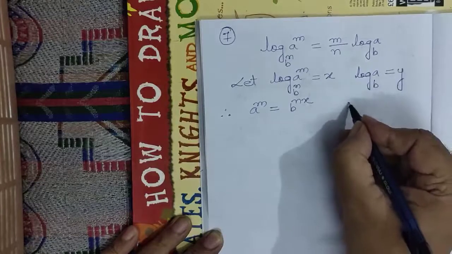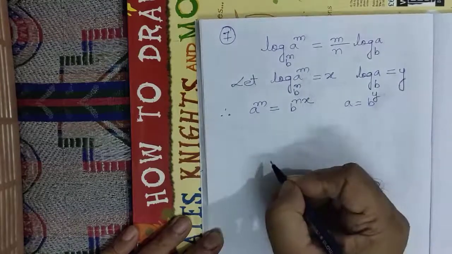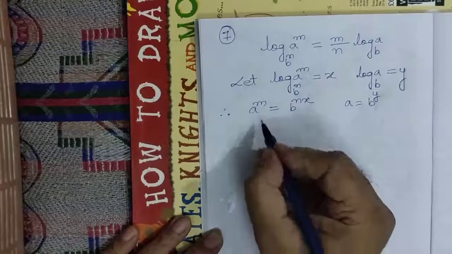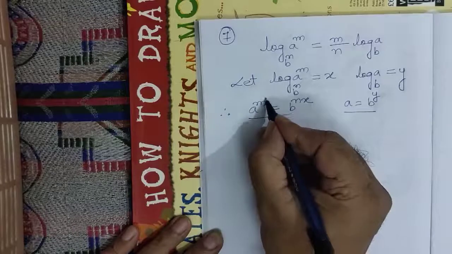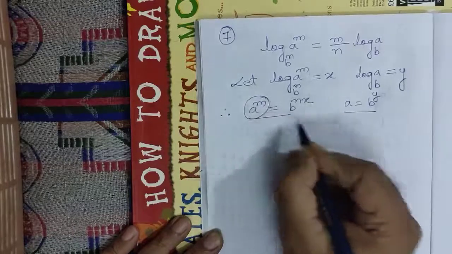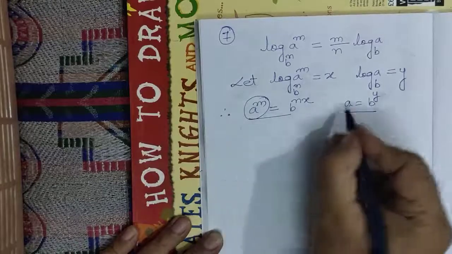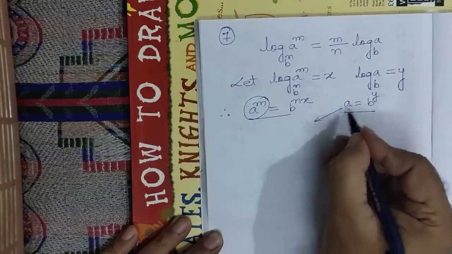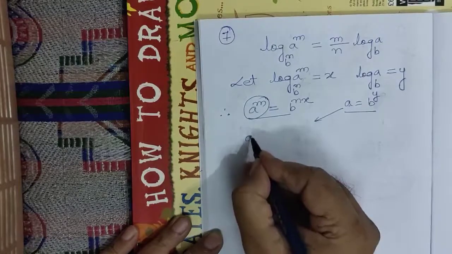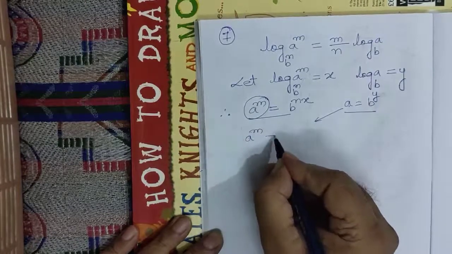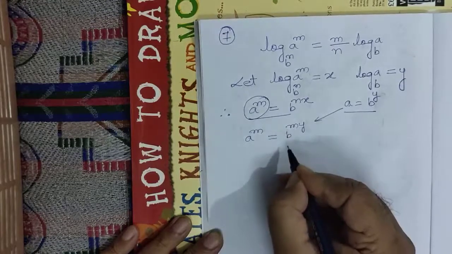Here you will be getting a equal to b to the power y by the property of logarithm. Now to equate these two, since a has been raised to the power m, in this equation also I can raise it to the power m. I will be getting a to the power m equal to b to the power m into y.